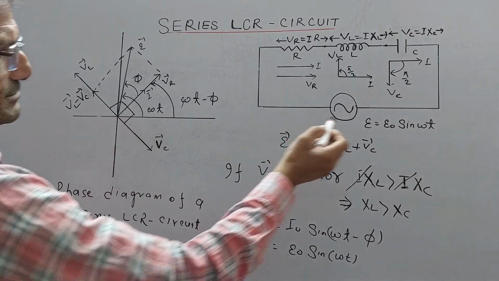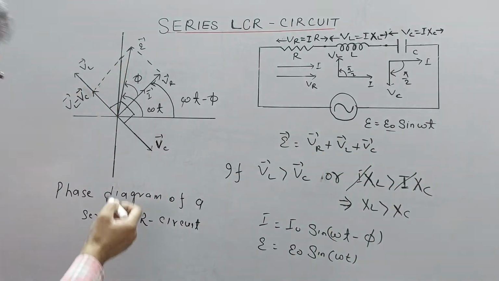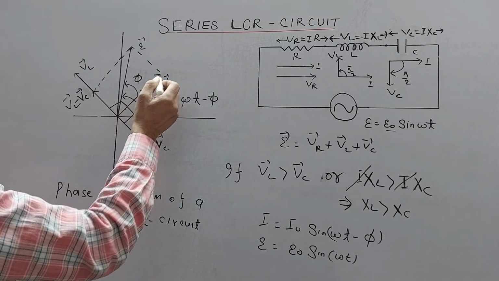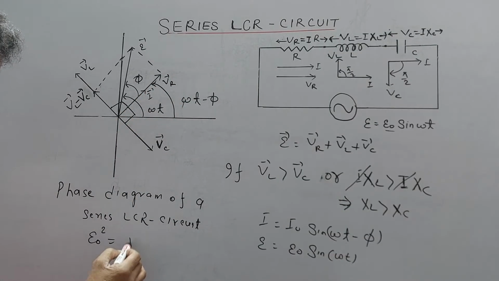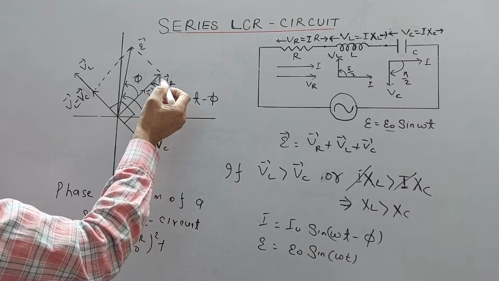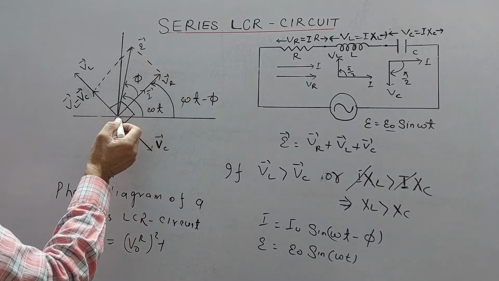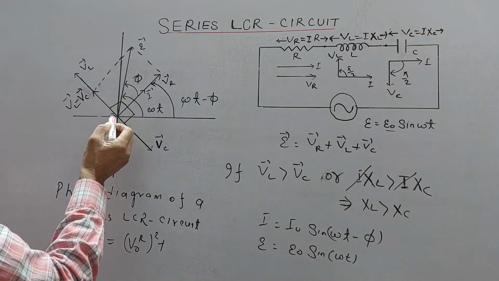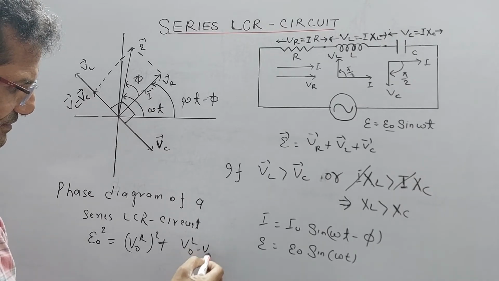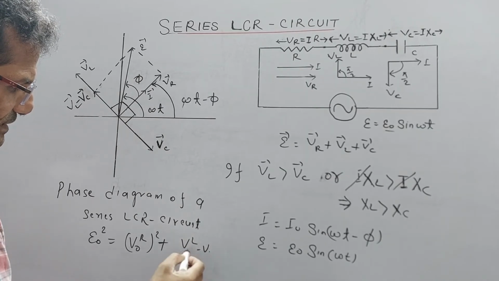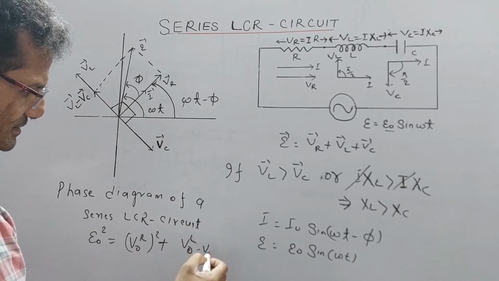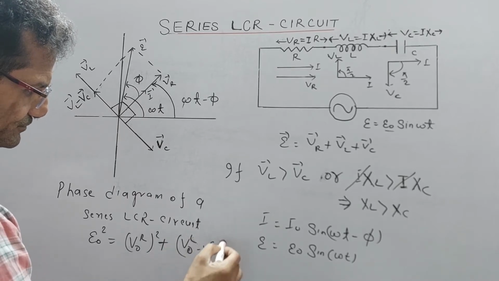The amplitude of the applied voltage satisfies E naught whole square is equal to the voltage amplitude V naught R whole square plus the voltage across this vector, VL minus VC, whose amplitude becomes V naught L minus V naught C whole square.